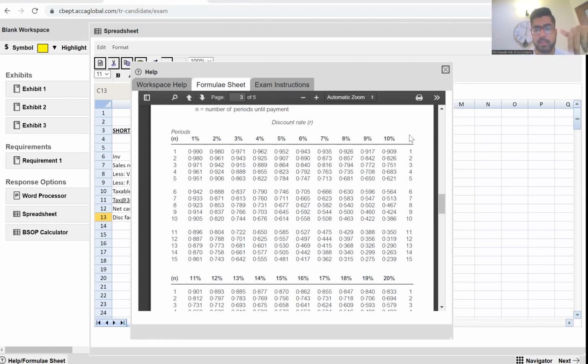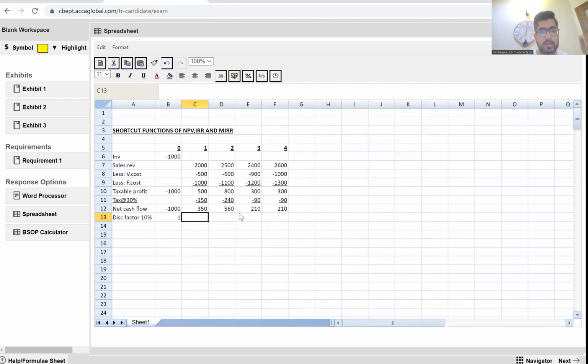So your traditional pattern was taking the discount factor at 10%. The 10% factors are 0.909, then 0.826, then 0.751, then 0.683.